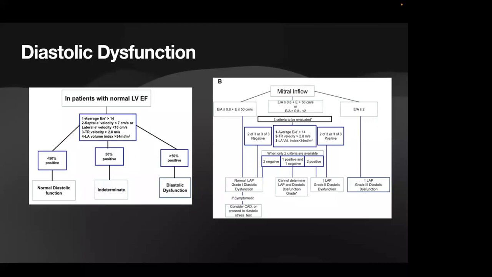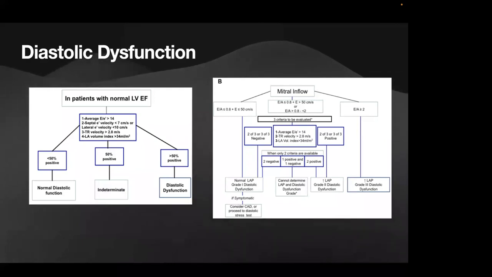On the left, there are those who might have a normal left atrial pressure at the moment we're studying them, but they actually have diastolic dysfunction. It might be useful for a clinician to know that their patient has diastolic dysfunction, even though their LA pressure might at that moment be normal.